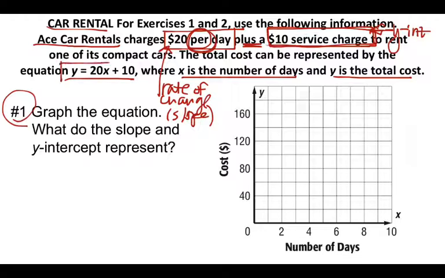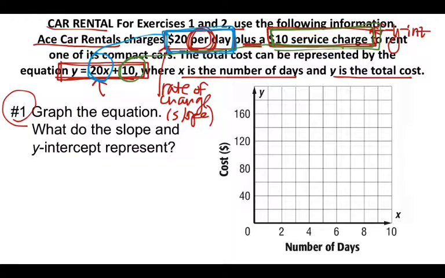That's where we get this equation. Our 20x comes from our $20 per day. Just color code this so you can kind of see where everything's coming from. So this $20 per day gives us our slope. The $10 service charge, we'll do green for that.